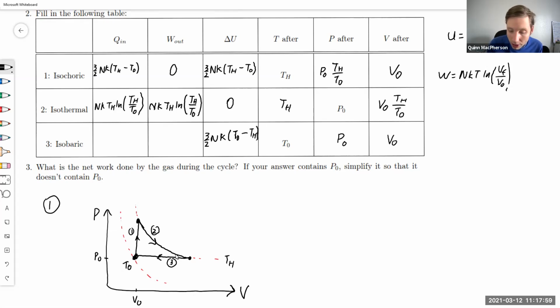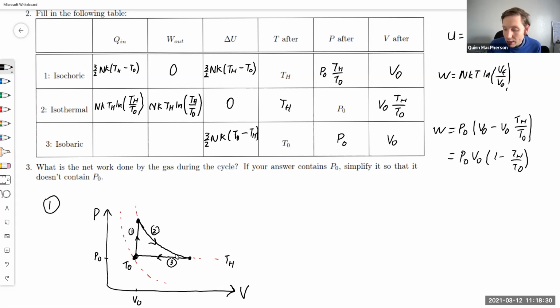So the work is equal to P naught times final volume minus initial volume. So final volume is V naught. My initial volume is V naught T hot over T initial. You can write this as P naught V naught times 1 minus T hot over T initial.